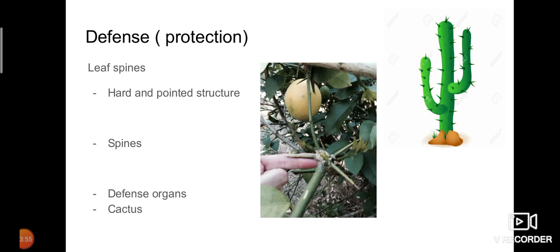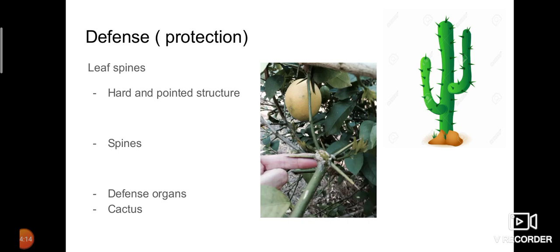If you compare the cactus with the citrus plant, you would see the difference. In the citrus plant, along with the leaves, thorns are also present. These thorns are modified stem thorns.